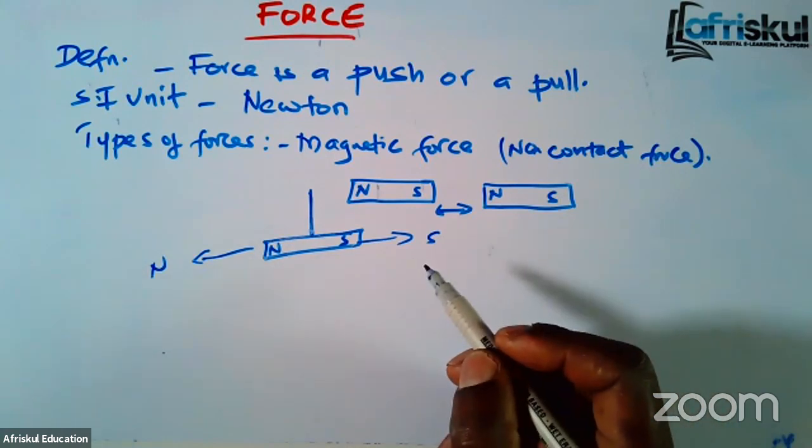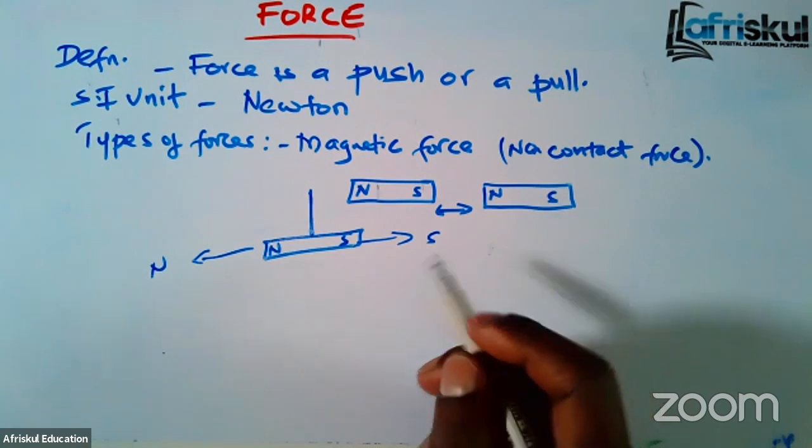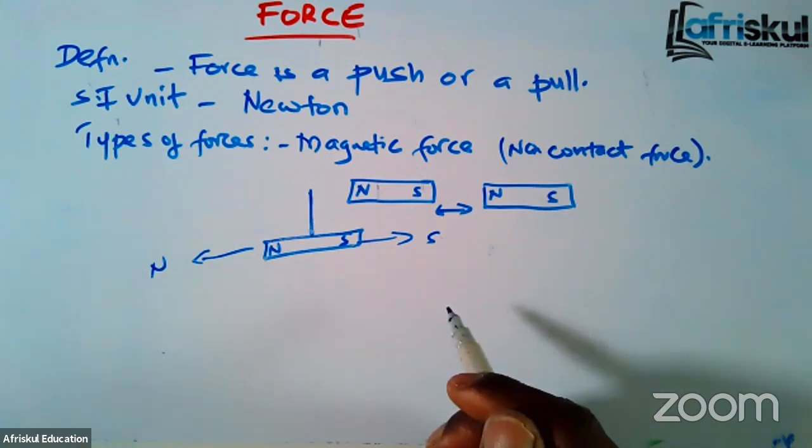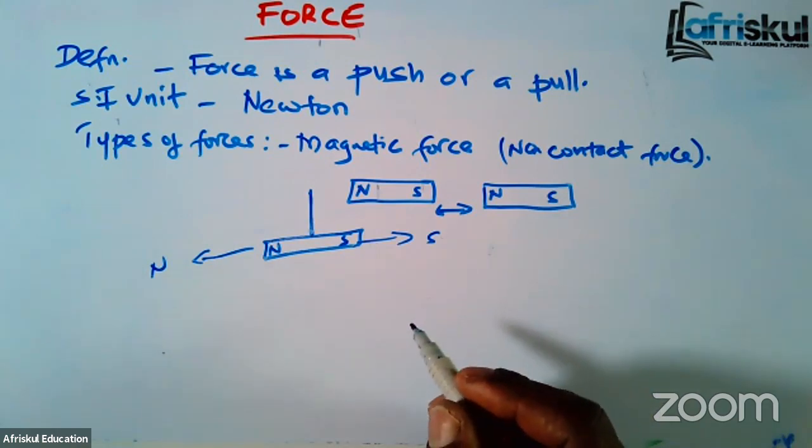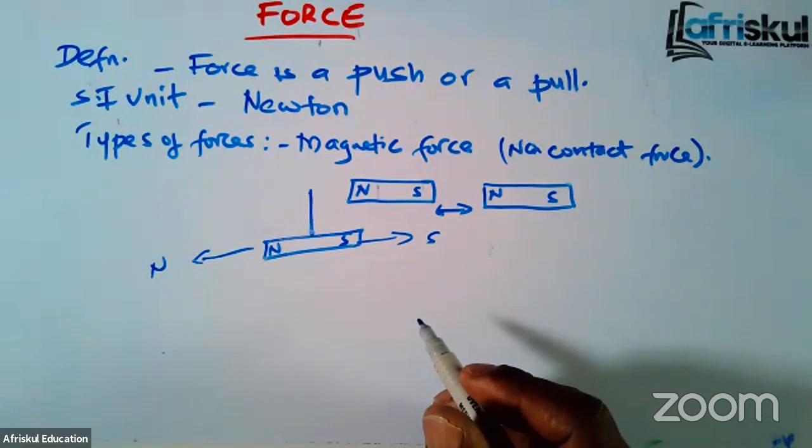That is where it's going to settle, because our Earth is also a magnet, and therefore when it settles pointing in the north-south direction, it means that it's also being affected by the magnetic force of the Earth. So that is one type of force, the magnetic force.